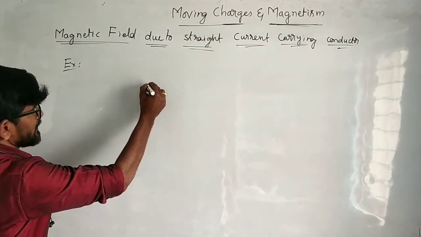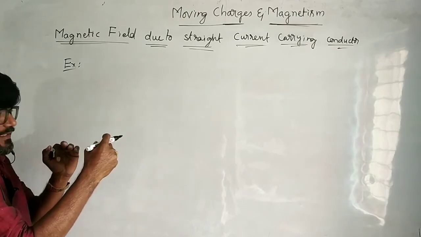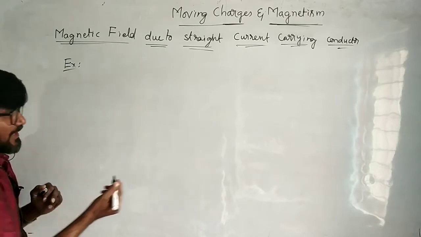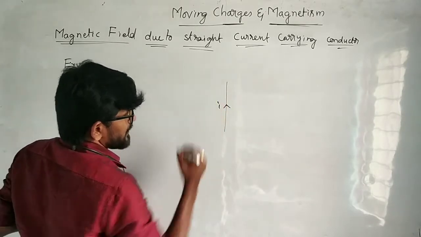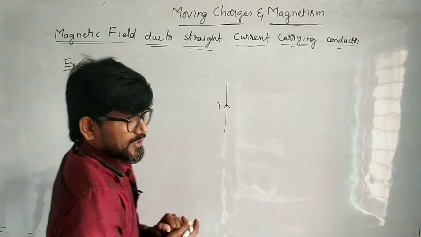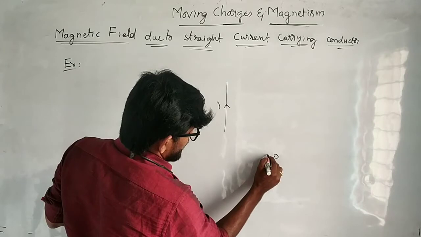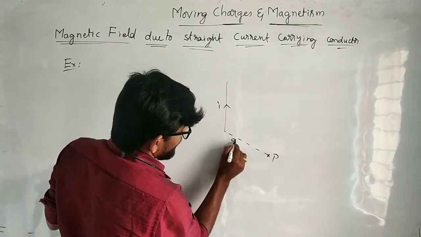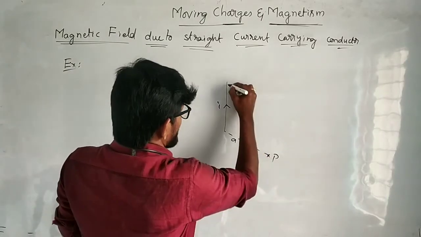See, as a generalized formula for even the previous kind of problem: find B, that is the magnetic field, for a current carrying conductor in which current I is flowing upwards, and a point is lying at a distance a from the conductor as shown in the figure.